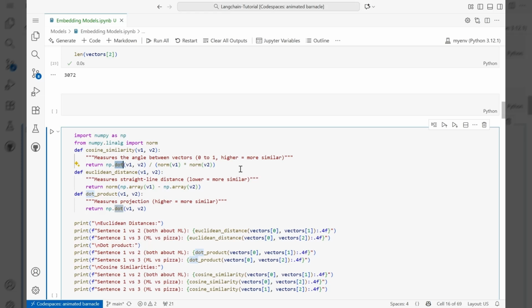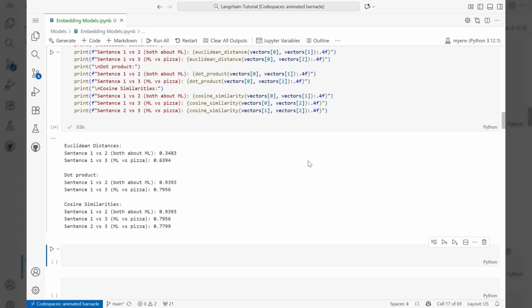If the angle between them is less, it means they are closer to each other. So cos 0 is equal to 1. And when they are far from each other, that is cos 90, when they are perpendicular to each other, that is 0. It means they are not at all related. So when the value is closer to 1, it is more similar because the angle between them is less.